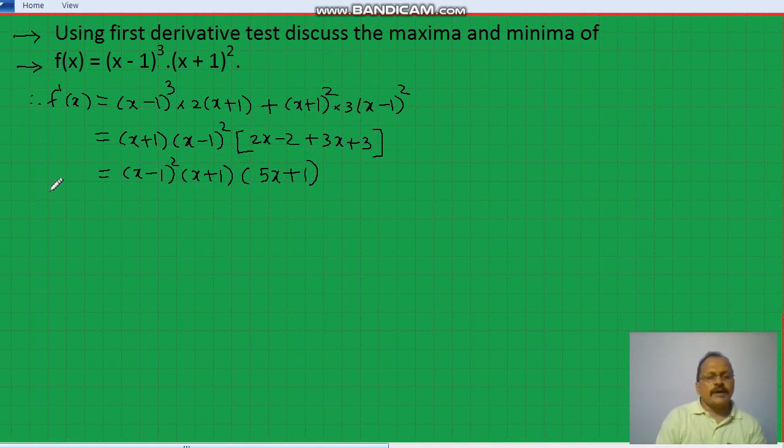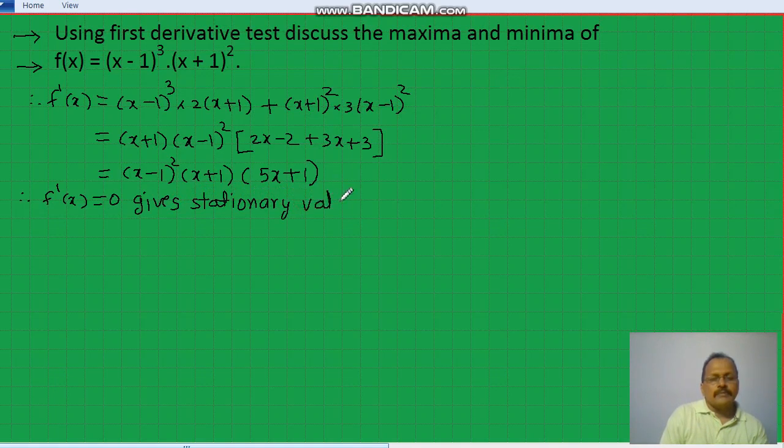This is f dash x, and therefore f dash x equal to 0 gives stationary values. And therefore x equal to 1, x equal to minus 1 and x equal to minus 1 upon 5 are stationary values.